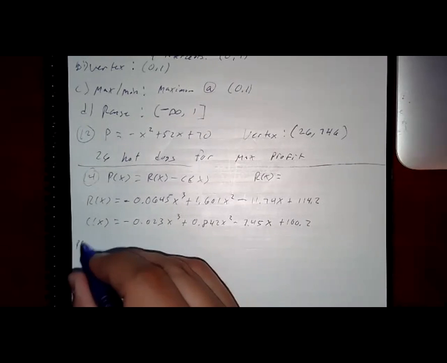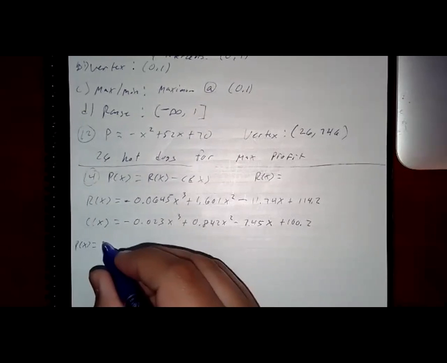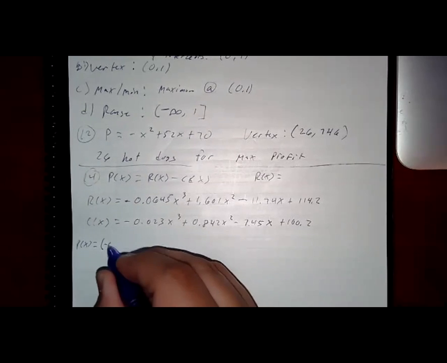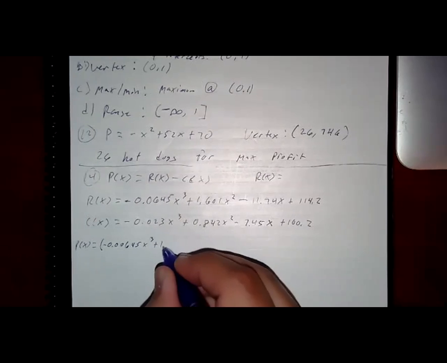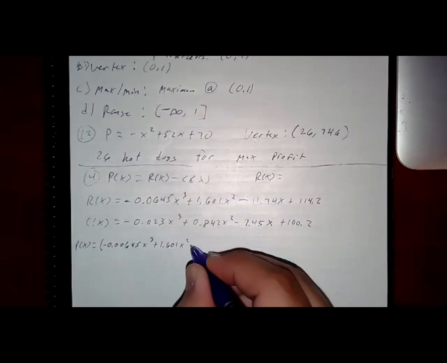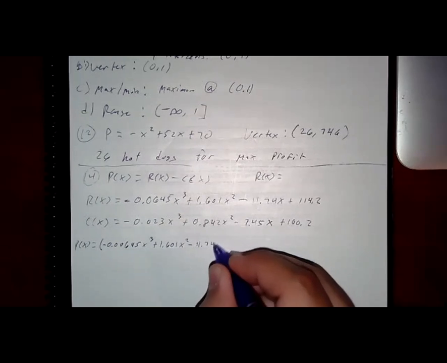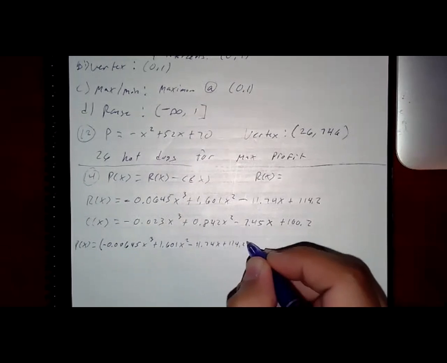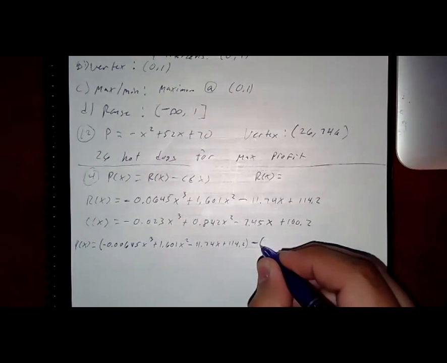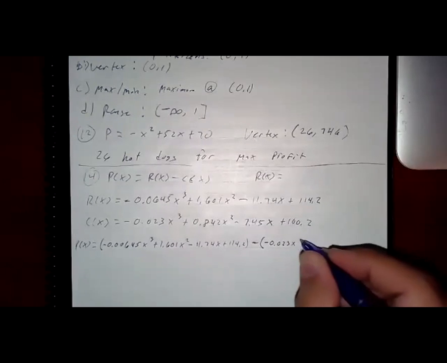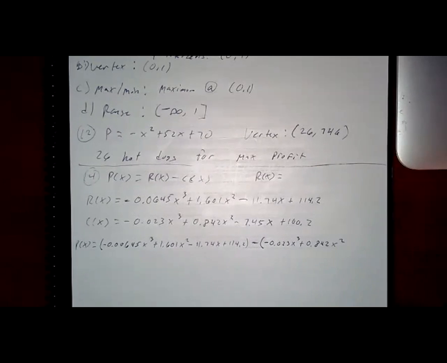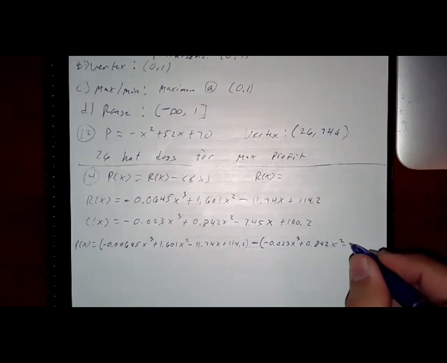So profit will equal revenue, negative 0.0645 x cubed plus 1.601 x squared minus 11.74x plus 114.2, minus cost, negative 0.023 x cubed plus 0.842x squared minus 7.45x plus 100.2.